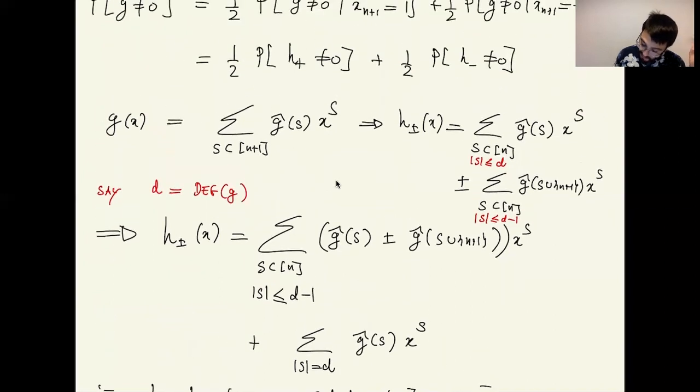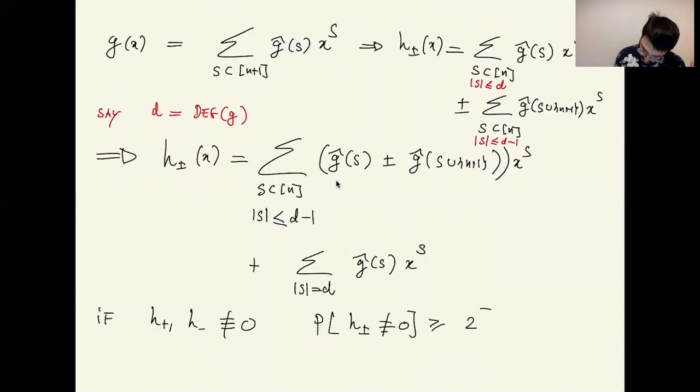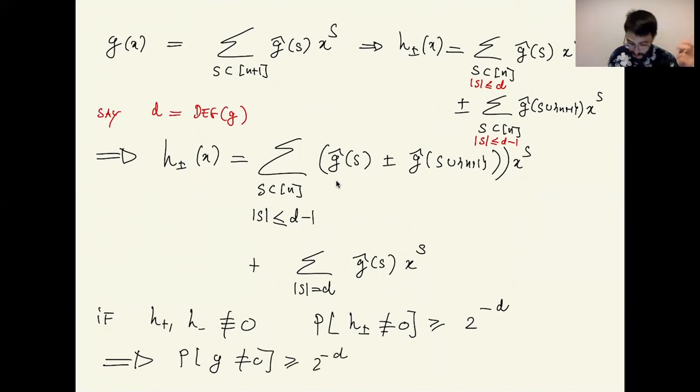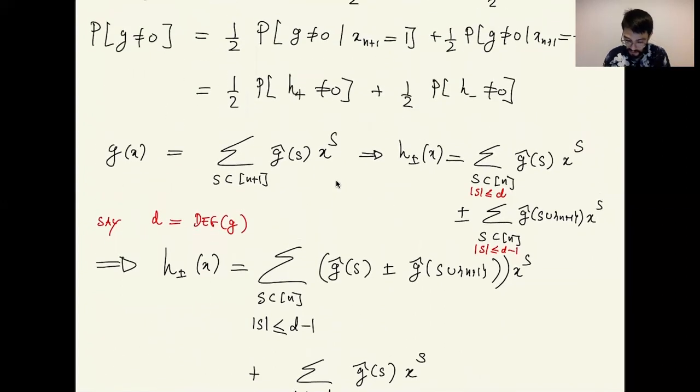So what's the degree of H plus or minus? At most D. Therefore, the probability of G not zero is greater or equal to 2 to the minus D, as we wanted to show, because we have these two halves here.